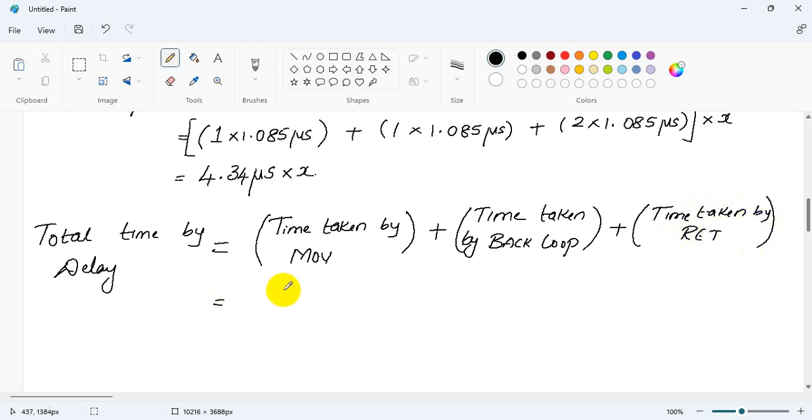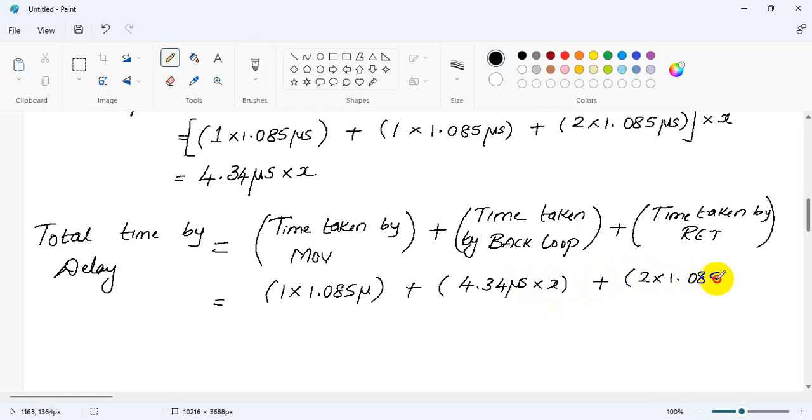So the time taken by the move instruction is 1 into 1.085 microseconds, plus the time taken by the back loop, 4.34 microseconds into x, plus the time taken by return, which is 2 into 1.085 microseconds.